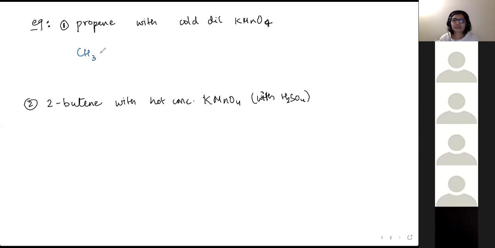So propene is CH3CH=CH2. In the presence of cold dilute KMnO4, you get CH3CHOH-CH2OH. So propane 1,2-diol. So work out what are the products in this case.